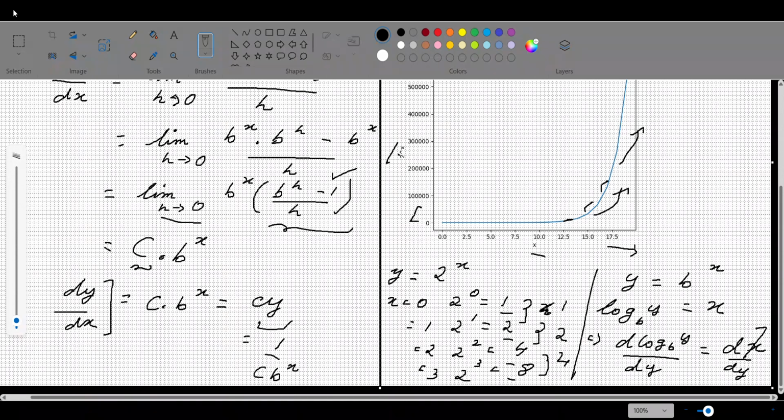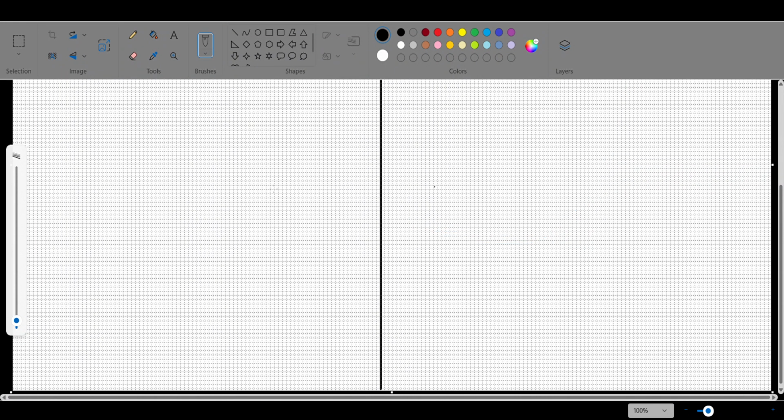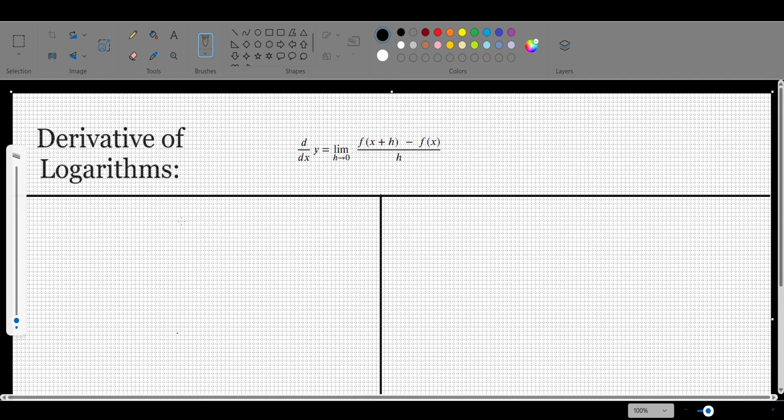Okay, now let's go to the next topic, which is actually proving the fact that the derivative of a logarithm is 1 by c times b raised to x. So we'll start off with this.